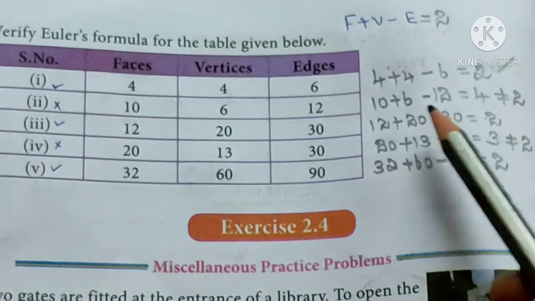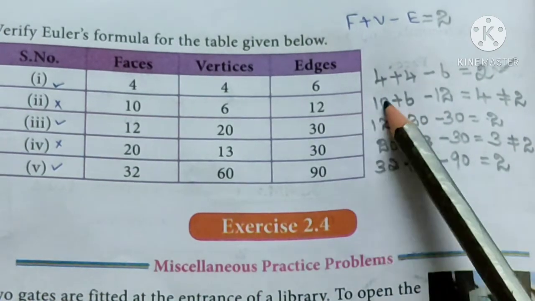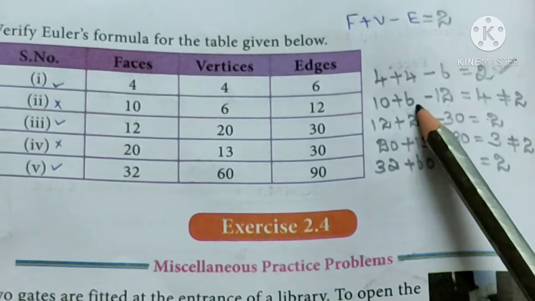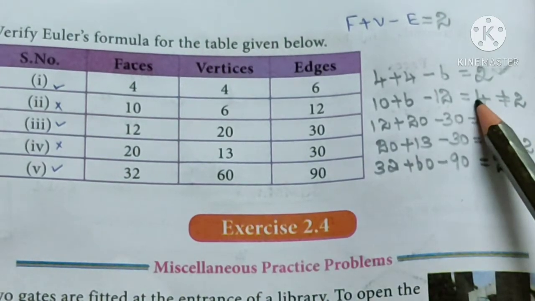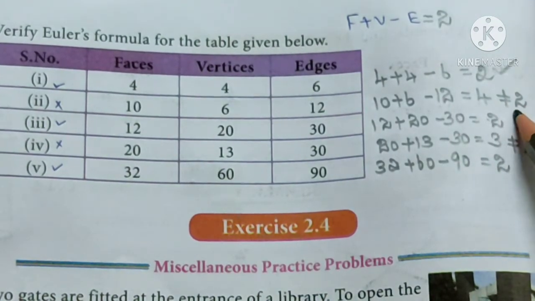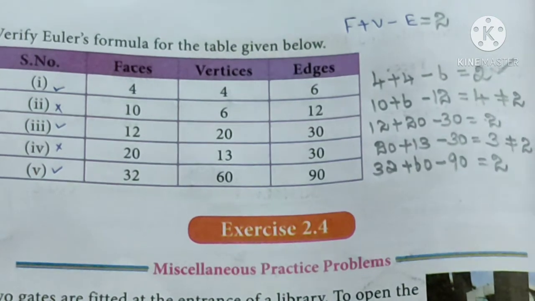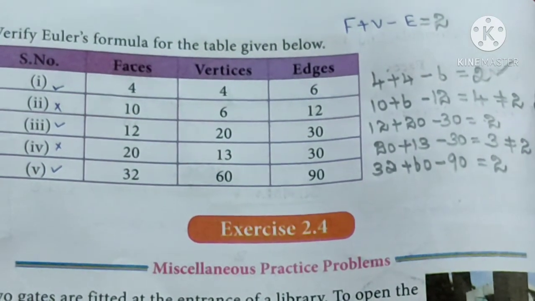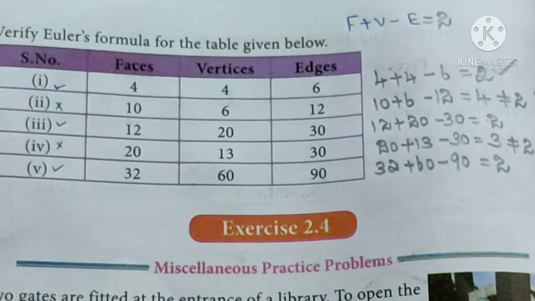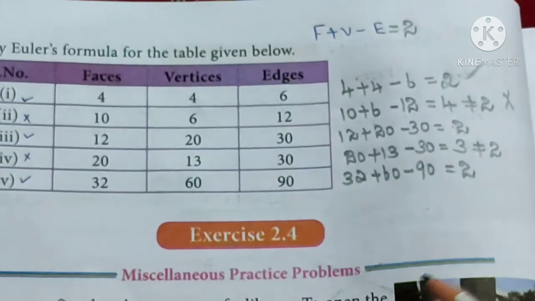Okay. Then the next one, we add 10 plus 6 minus 12. 10 plus 6 is 16. 16 minus 12 is 4. So this value is not equal to 2. Euler's theorem is not verified.